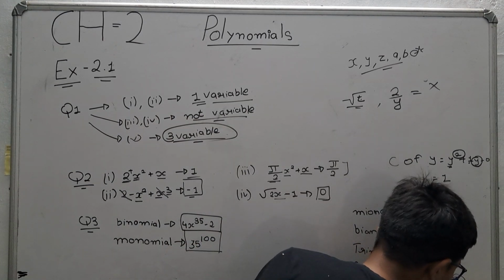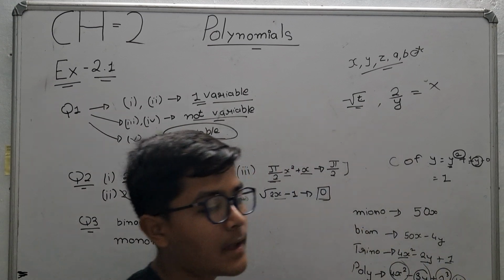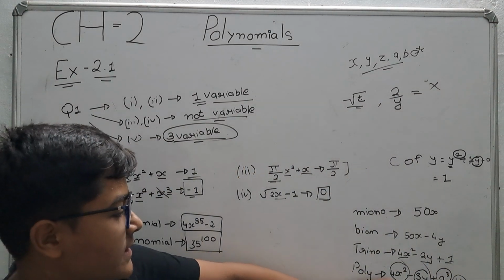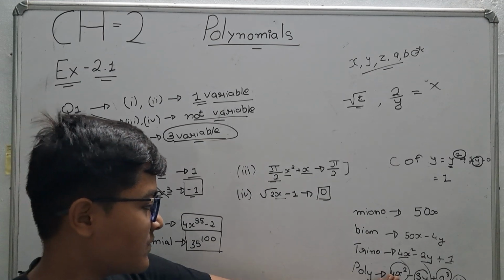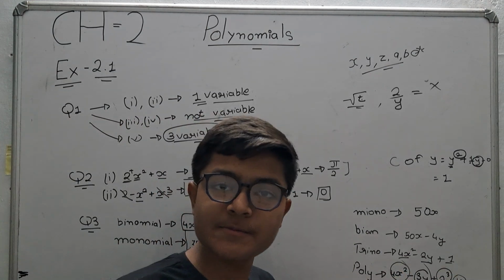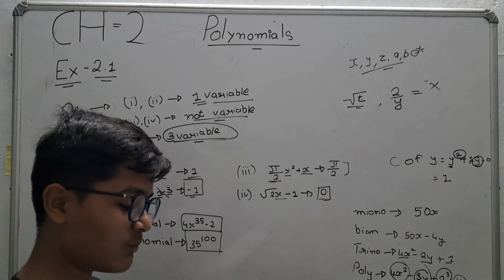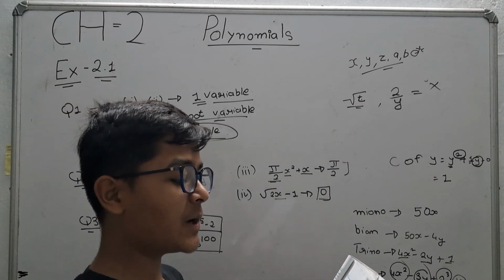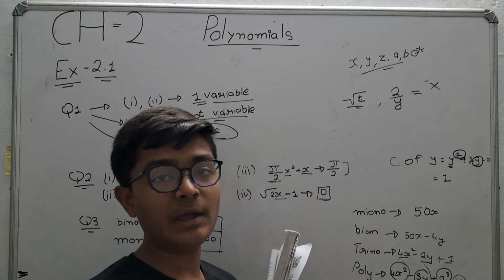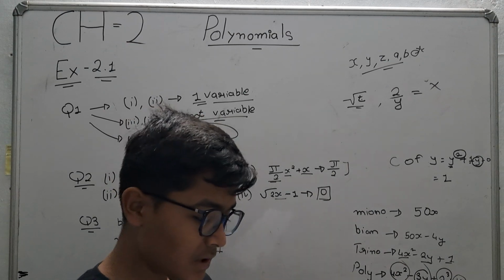Let's write it clearly. Here you can see there are four terms, 4, 3, 2, 10, so it is known as a polynomial. So we have to give an example of a binomial as well as a monomial, where the binomial carries a degree of 35 and the monomial carries a degree of 100.